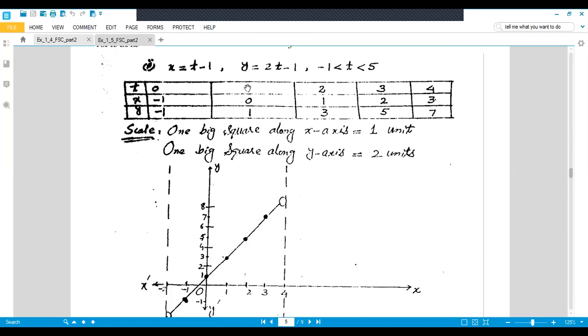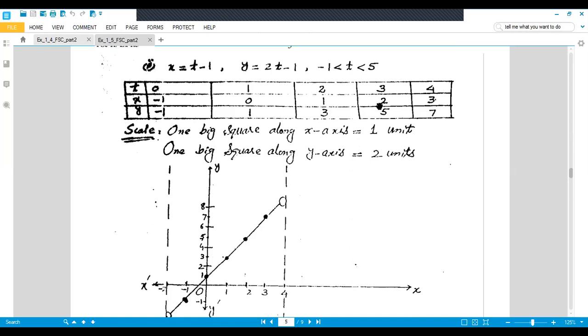When x is 0, y is plus 1. So above 0 at point 1, you put a point. And for x is 1, y is 3. Above 1, in front of 3, you put a point.